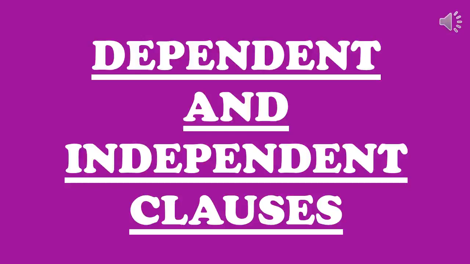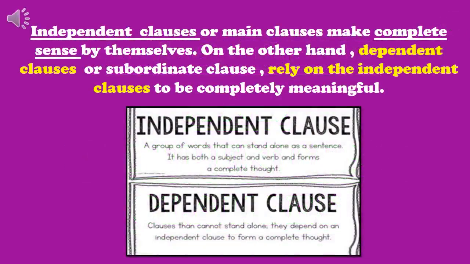So the two types of clauses are dependent clause and independent clause. Now that you understand the meaning of the words, let's go into it a little deeper. Very simply put, an independent clause or main clause makes complete sense by itself.